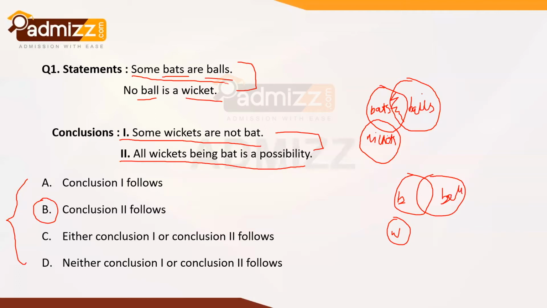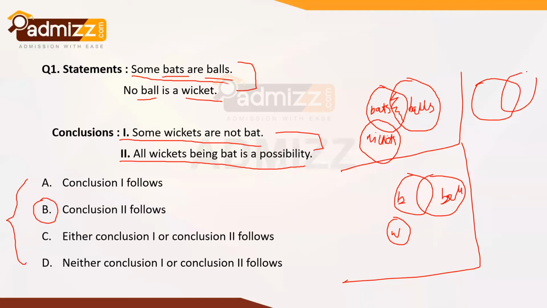And the third one that can be implied, right, is this, and here. This is W and this is B, right? So from this, what we can imply is that all wickets being bat is a possibility, right? It's not a certainty because any of these three incidents can take place, right?